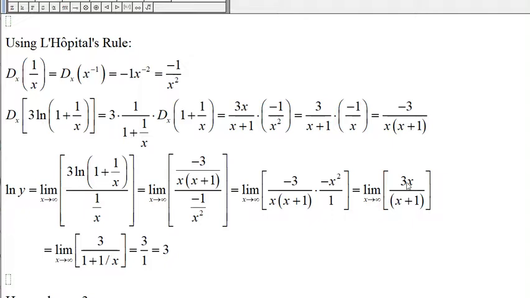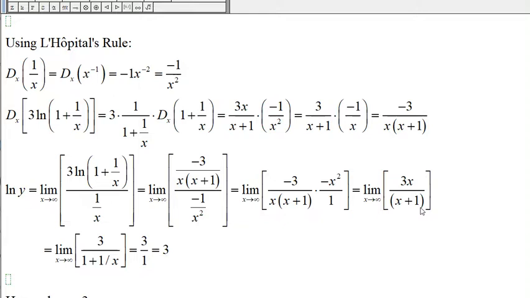So that's how we get 3x on the top, and in the bottom here we just get x plus 1. And now if we let x run to infinity, the top will go to infinity, the bottom will go to infinity. So we get infinity over infinity. So we can apply L'Hopital's rule again.